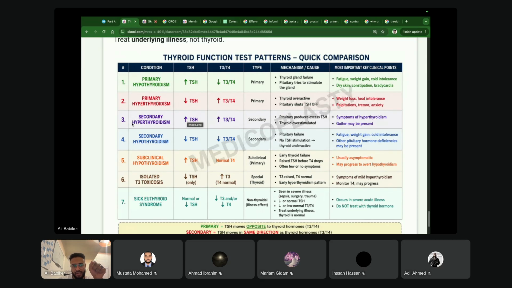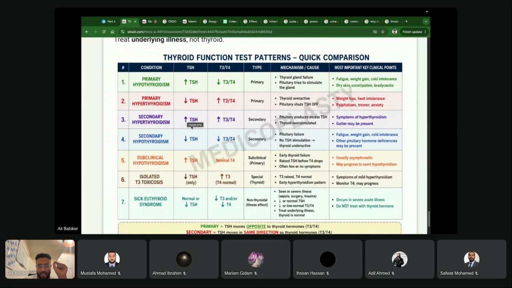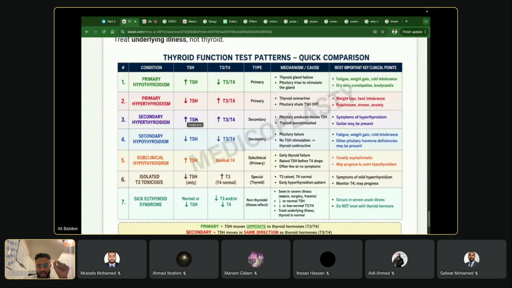So the difference between this one and this one is very obvious. Here this is high, here also this is high. However, here the TSH is low. Why? Because there's no issue with the pituitary. The pituitary is working fine, and it reduces the supply to the thyroid. However, in this case, the issue is in the pituitary, and that's why the TSH is high.